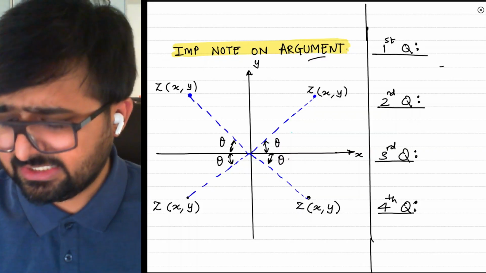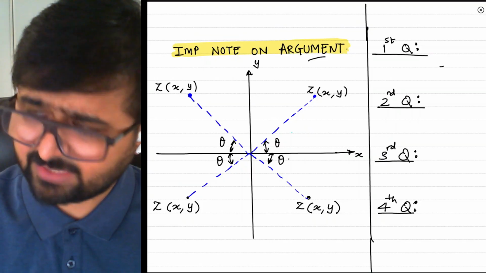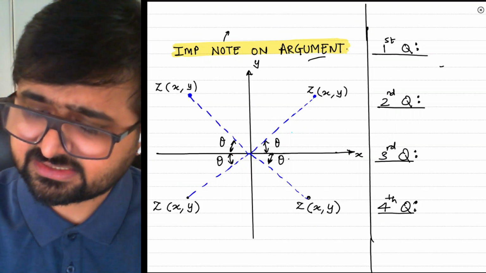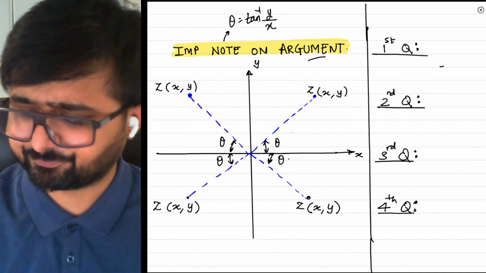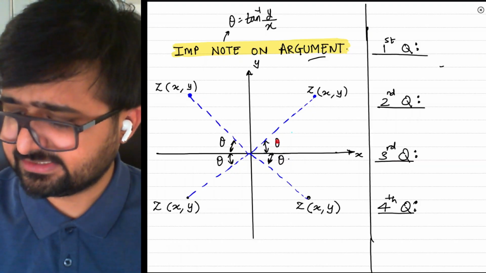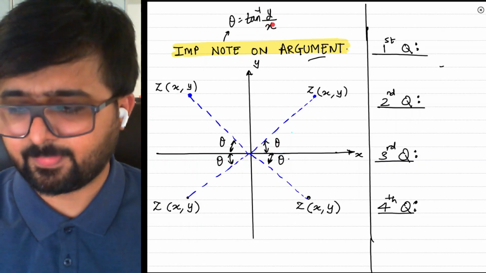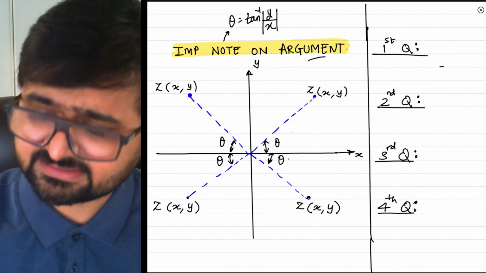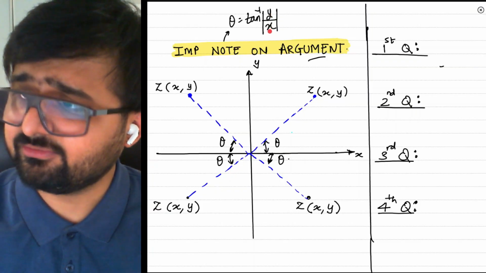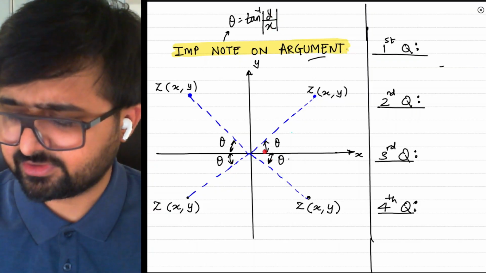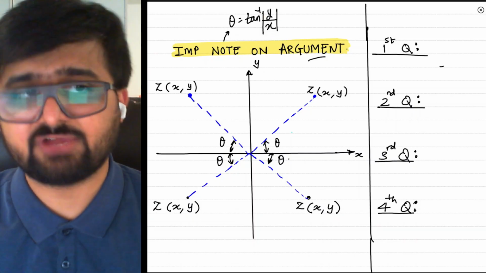In all the cases, by property of the triangle, the angle with the x-axis is always tan inverse y by x. I'll put mod of y by x just to be clear, because y and x can be negative, but theta itself cannot be negative.